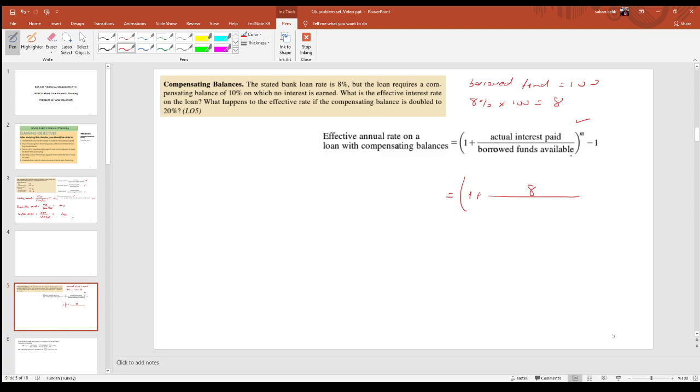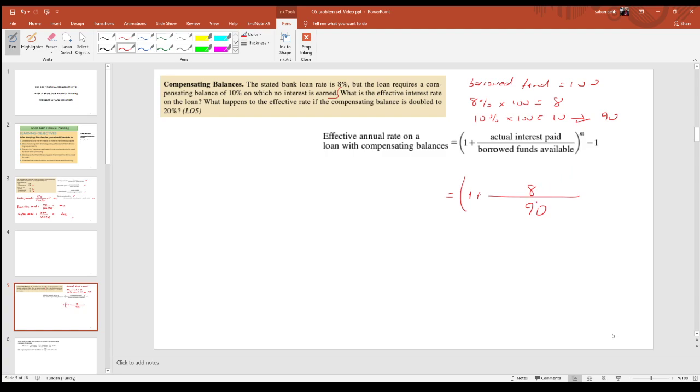Borrowed funds available, on the other hand. It says the compensating balance is 10%. So 10% of 100 will be equal to 10. Which means 90 will be the available borrowed fund here.